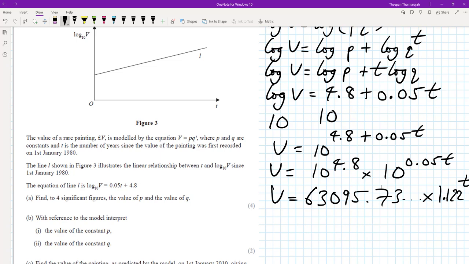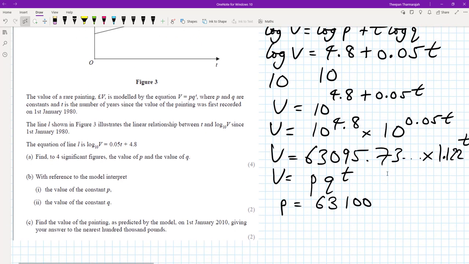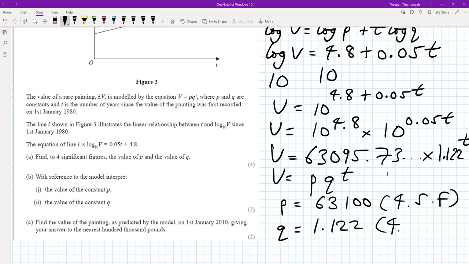So v is p q to the power of t. So p in our case is going to be 63100, correct to 4 significant figures. And then q is 1.122, and they've both been rounded to 4 significant figures as told in the question.